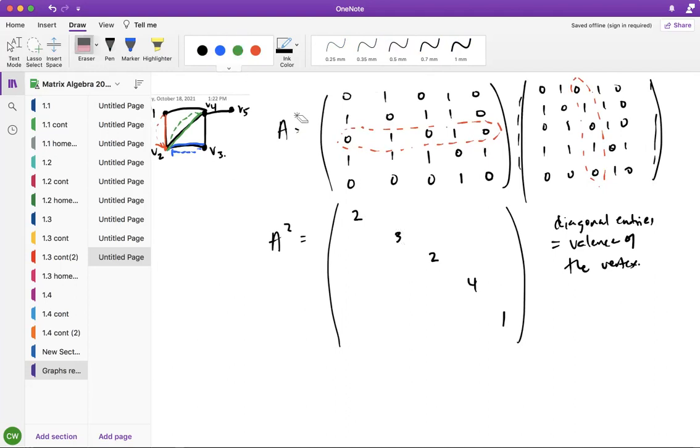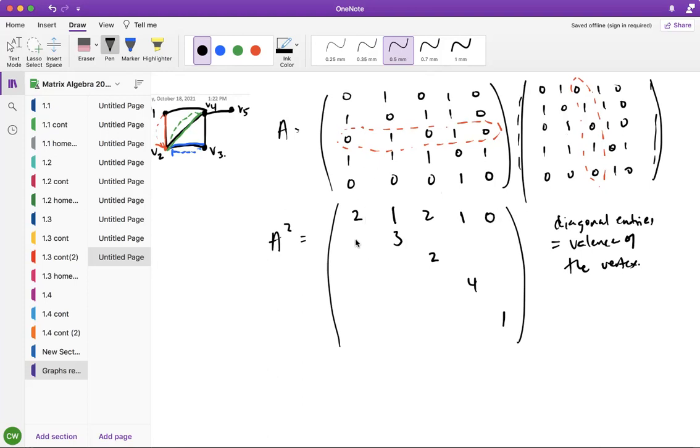Okay, so let's continue. All right, so this one would be a 1. Then we have 2, and a 1, and a 0.